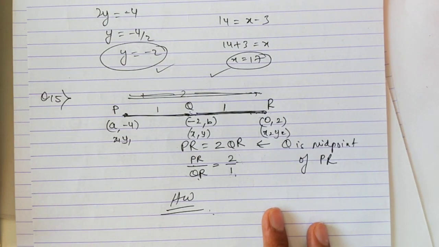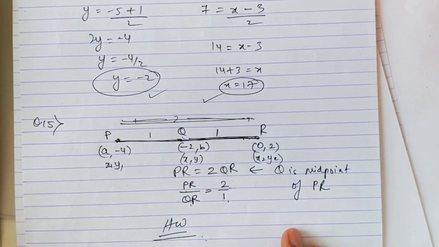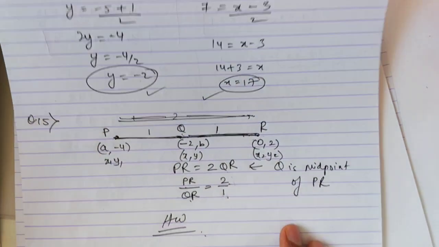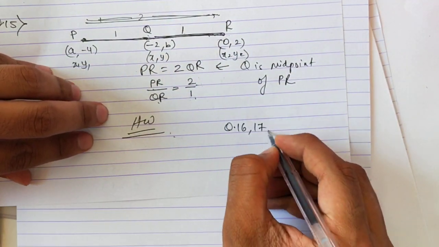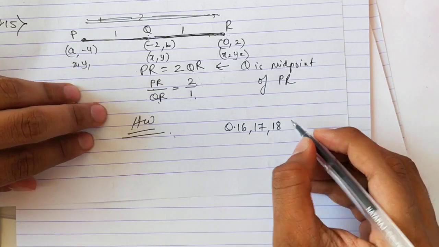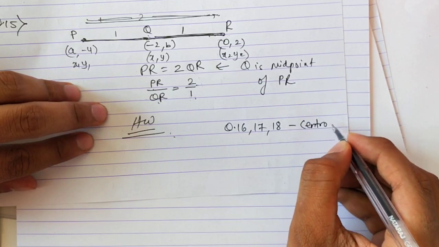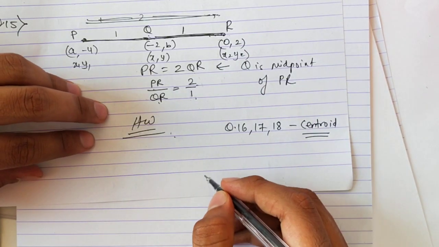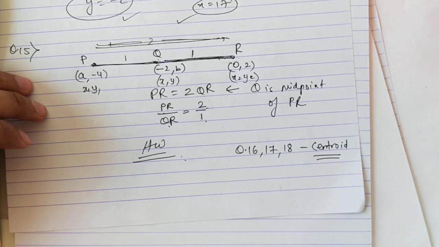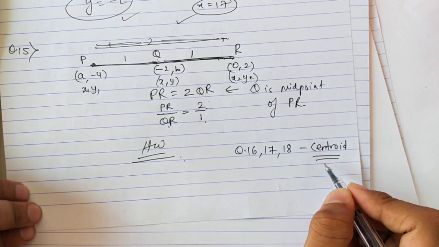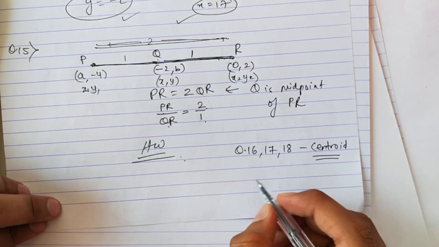Now, question numbers 16, 17 and 18 are based on centroid. These three sums, as I said, are based on centroid.